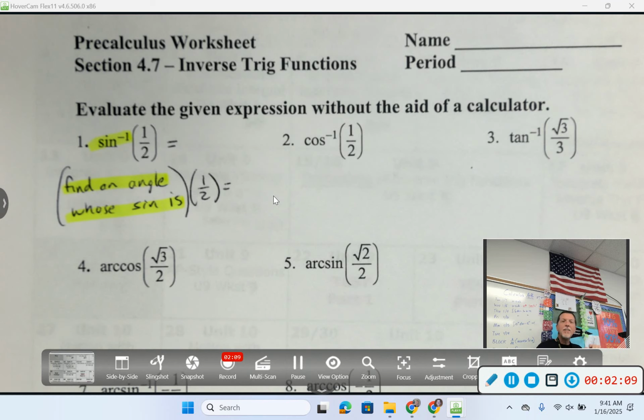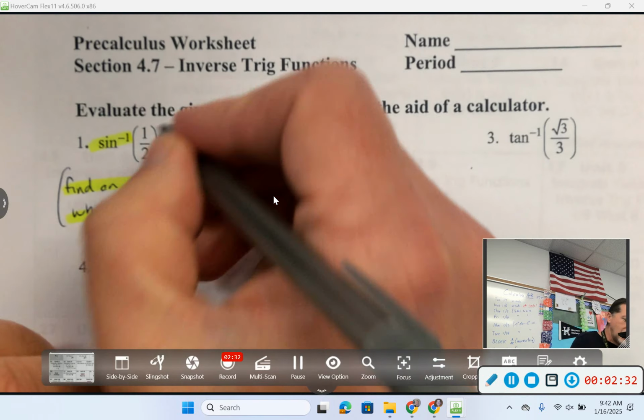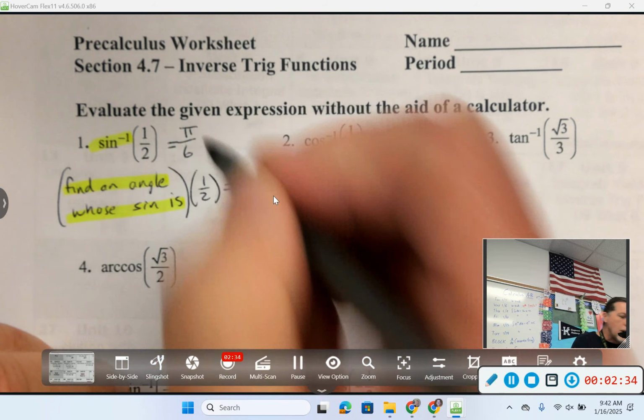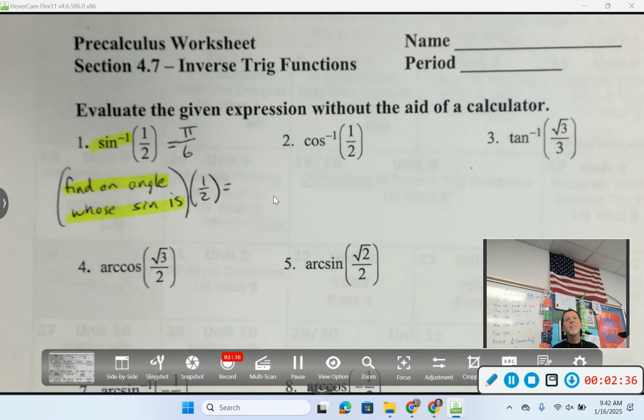So that -1 does not mean flip it over. That's what you're thinking. If you flip sine, you get cosecant. But that's not what that -1 means. It means go backwards as you're pondering the unit circle. And where is the sine equal to 1/2? Pi over 6. So the answer is pi over 6, because the sine of pi over 6 is 1/2.